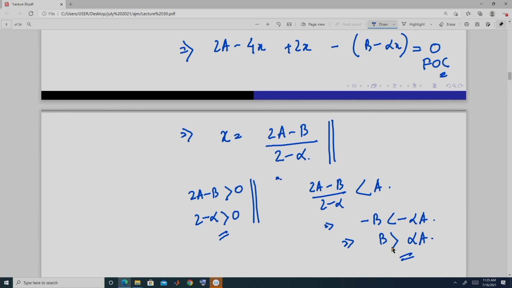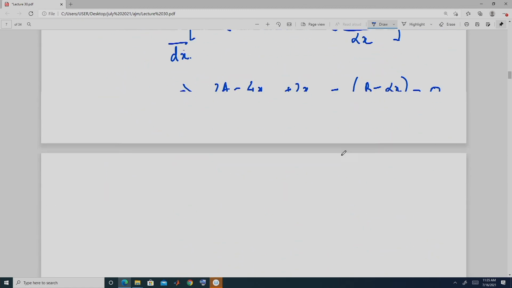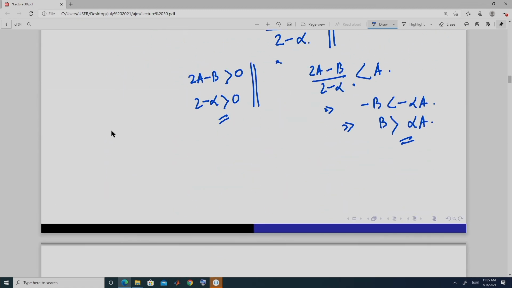Now, this condition ensures that this point is somewhere here, x.